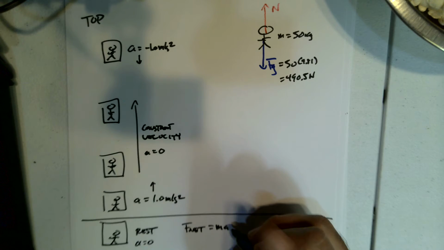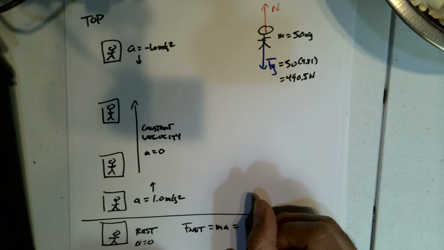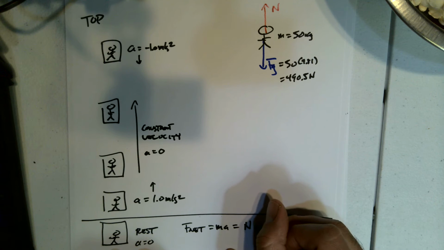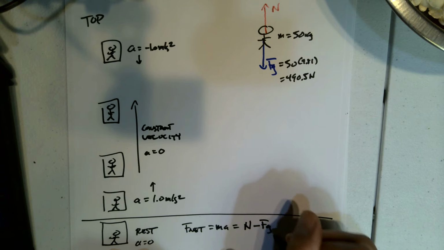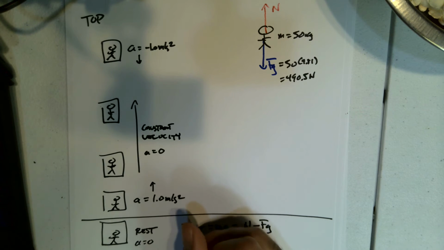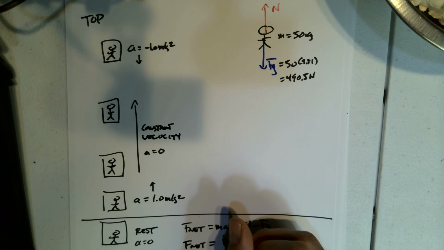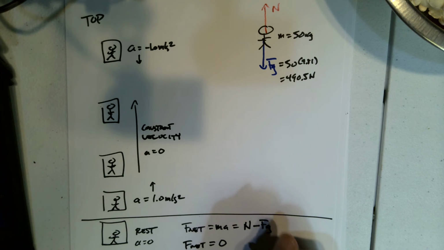This is where we bring the mathematical sign into play. The net force is the normal force, which is pointed up, so I make it positive, minus the gravity pointed down, which I make negative. And here, our acceleration is 0. So we get a net force of 0, because 50 times an acceleration of 0 gives us 0.